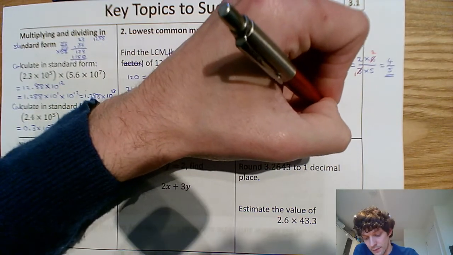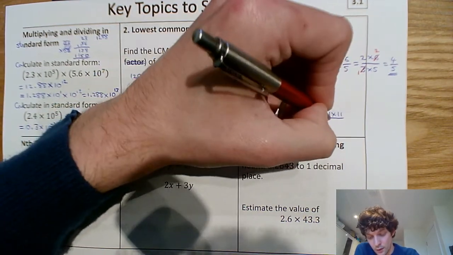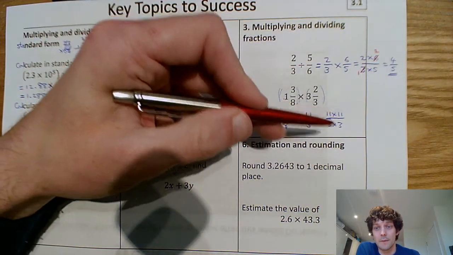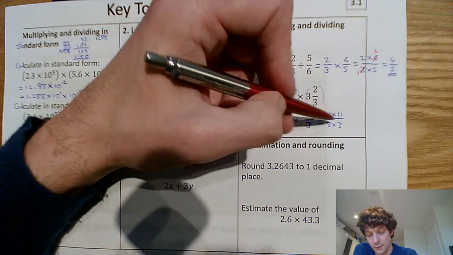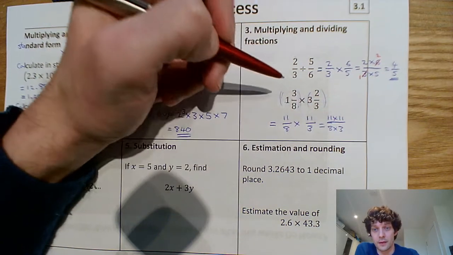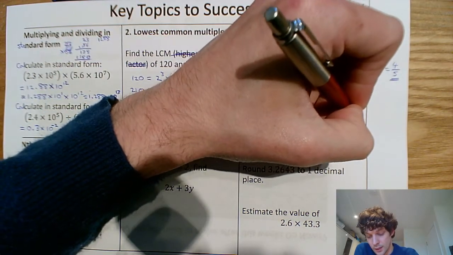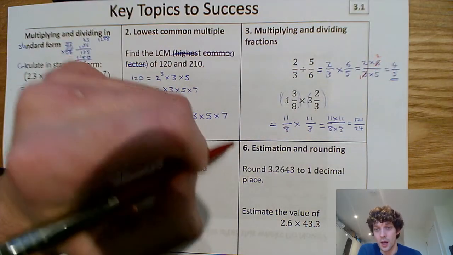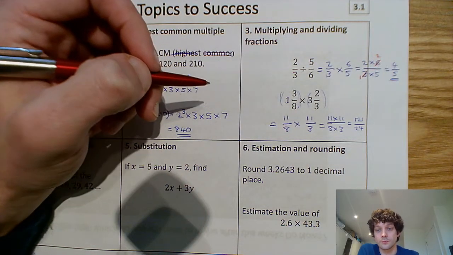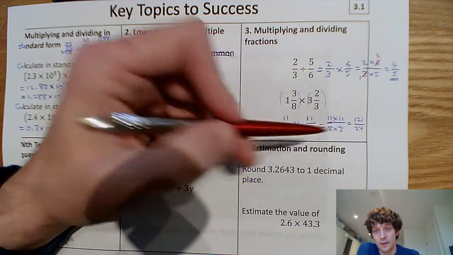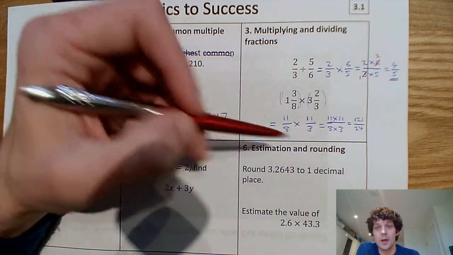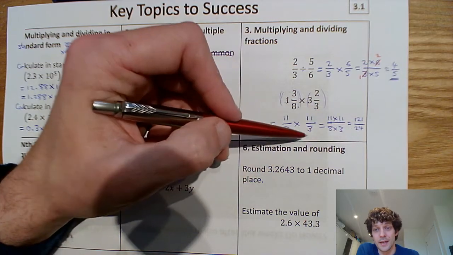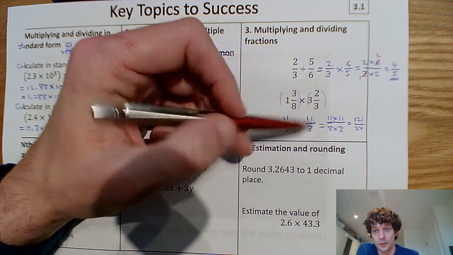So we've got 11 times 11 over 8 times 3. And this time there are no common factors that I can cancel out. 11 doesn't have any common factors with 8 and 3. So we're just going to get 121 over 24. Okay, and if we want to write that out as a mixed number, I'd be thinking about how many lots of 24 I can fit into 121.